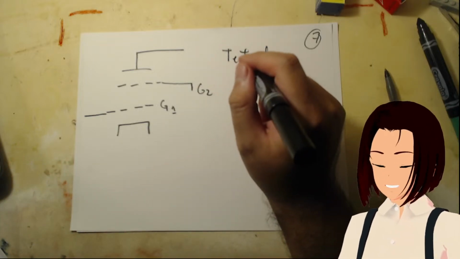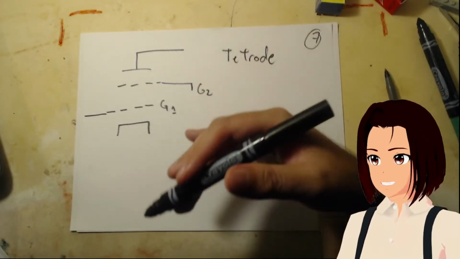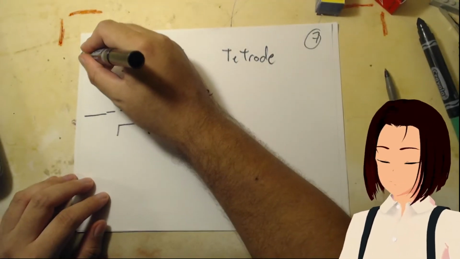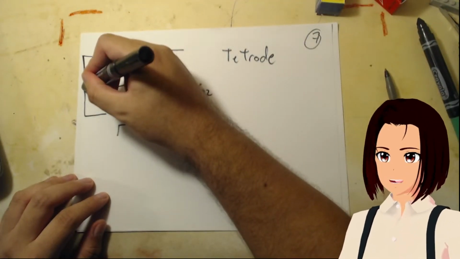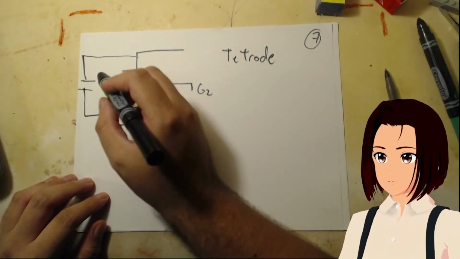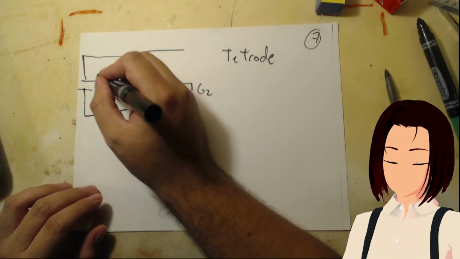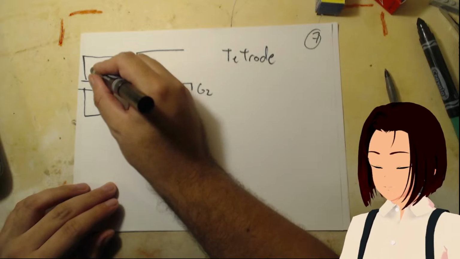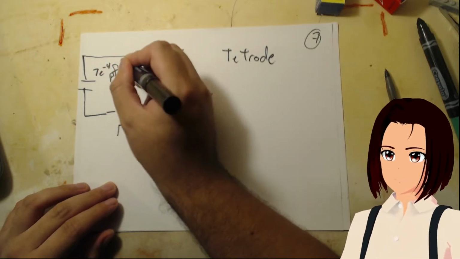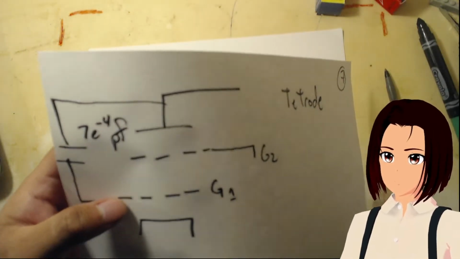So here's the deal. Because of this new geometry, the capacitance right here is really, really small now. 7e negative 4 picofarads.